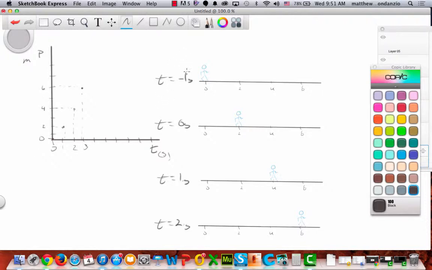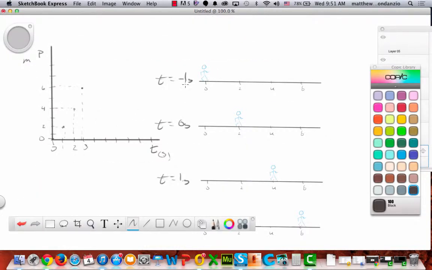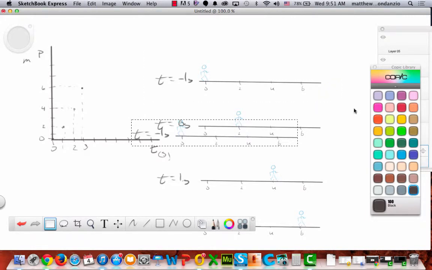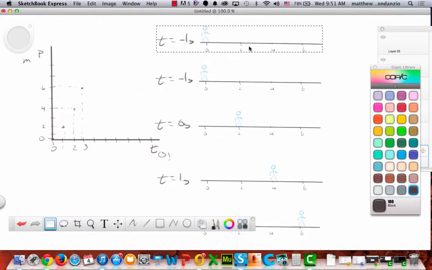And at -2 seconds, where's he going to be? Let's look at that. Okay, this is good we're doing this. Let's say that's -1, right?